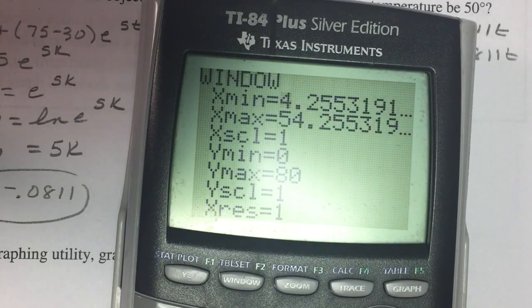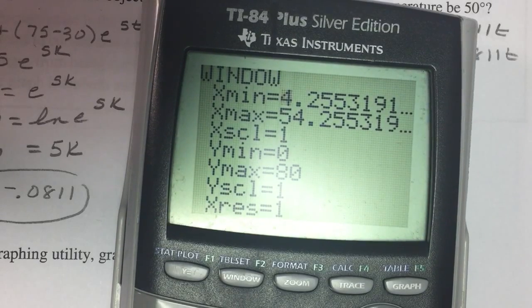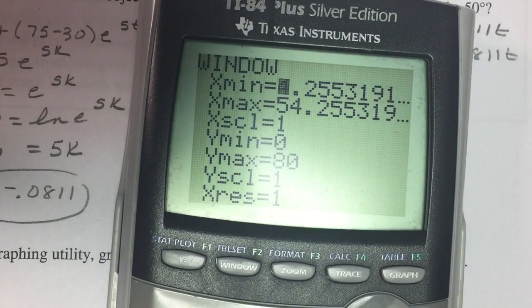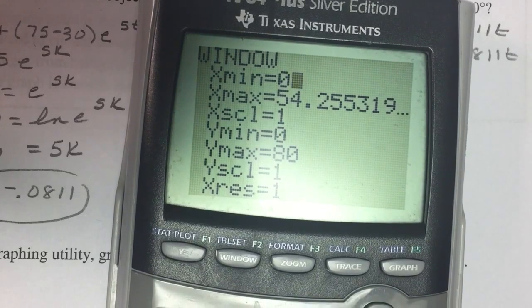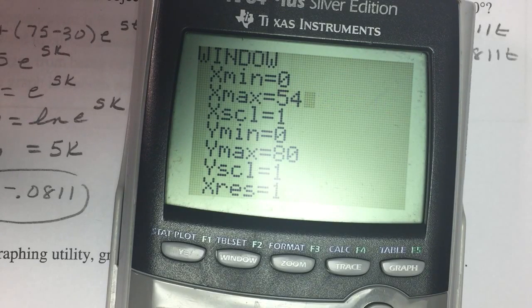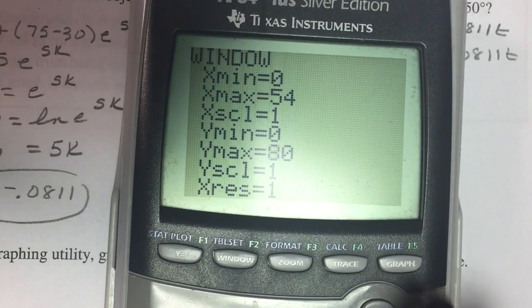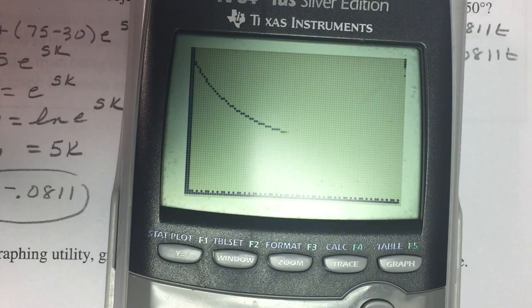I'm going to use an x min of 0, and an x max of, we'll do 54, a y minimum of 0, and a y maximum of 80. So that's my window. And when I graph it, you can see that. So that is the equation that we plugged in.